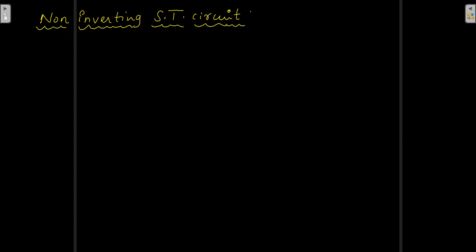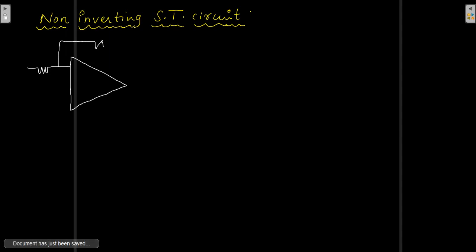Let us take the circuit and please try to notice the changes we are going to make here. So here I have one input resistance and a feedback resistance, something like this. See here, this is connected to ground.